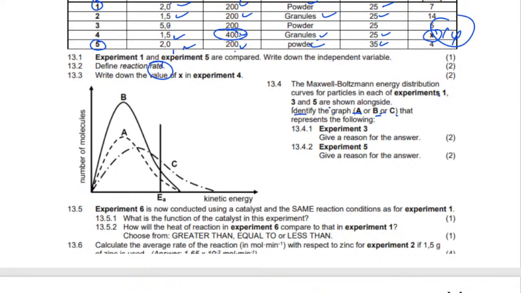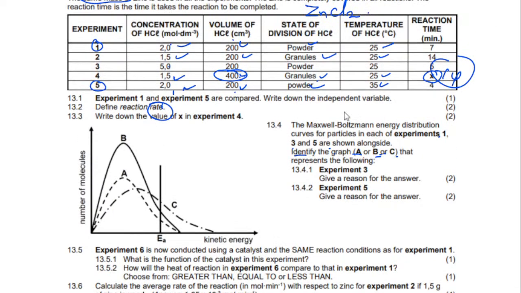So how are you going to identify this? Let's come back here. They said experiment 1, experiment 3, and experiment 5. Let me see this. No, the time is 7, the time is 5, and the time is 4.